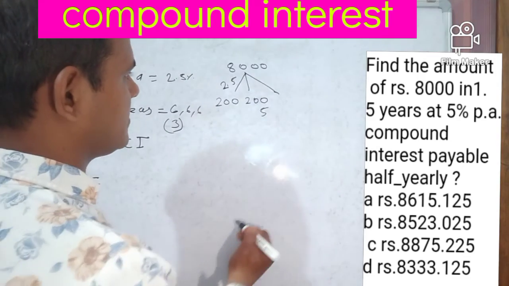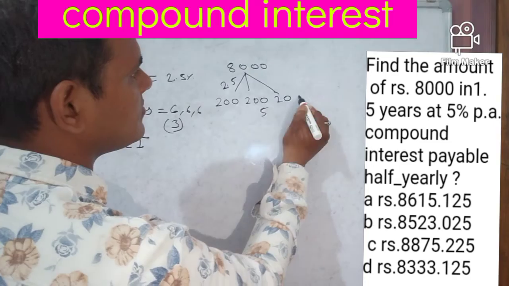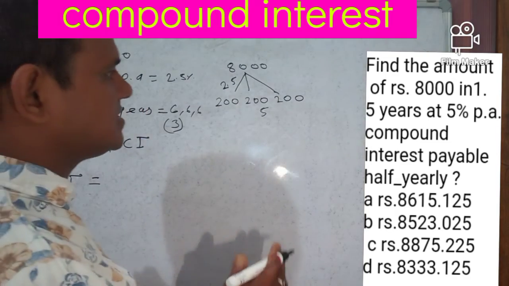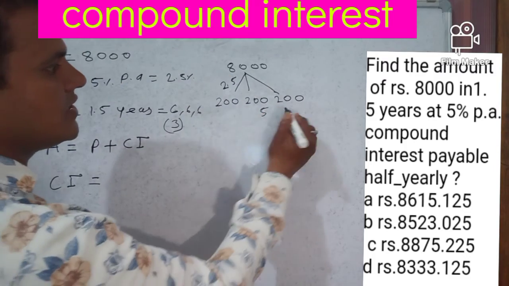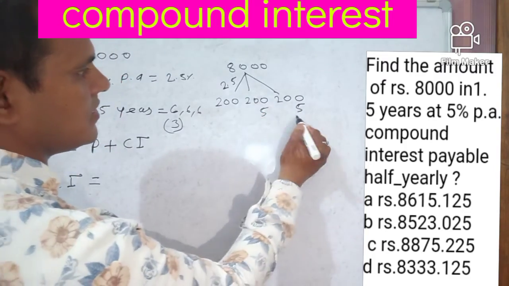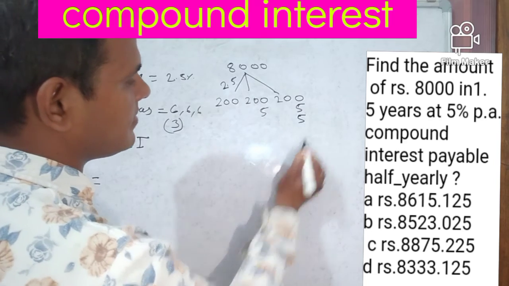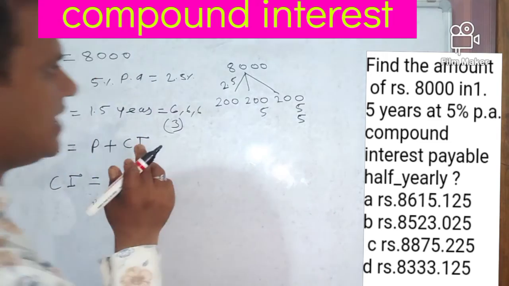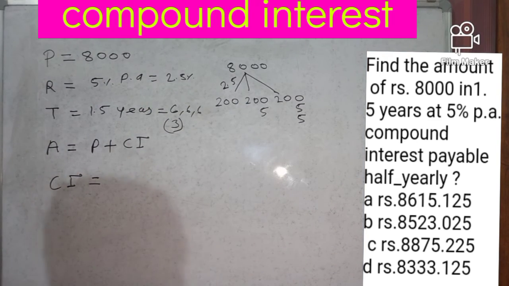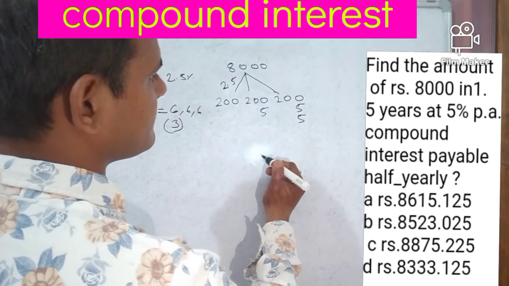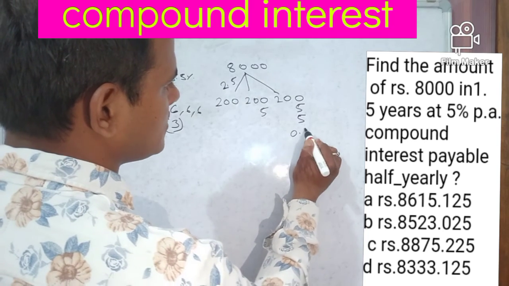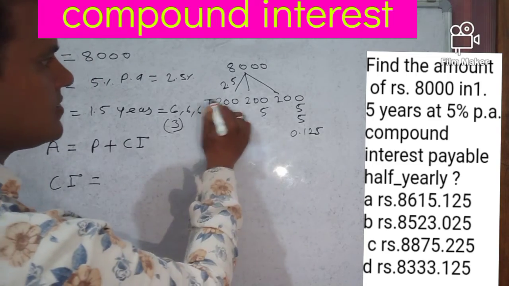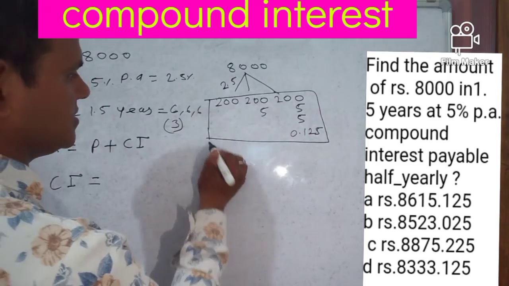Now third period also comes 200, and compound percentage is percent on percent, so also from 200 it will come 5, and from here it will come 5, right? And percentage on percentage will be 2.5% of 5, so it will be 0.125. Now add this area, it will be our compound interest, right?